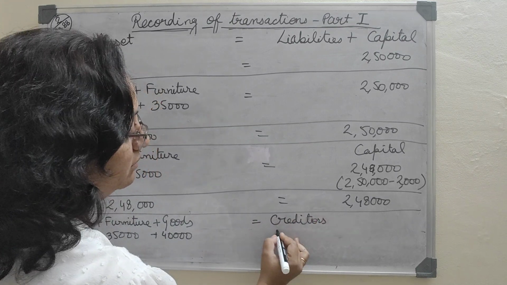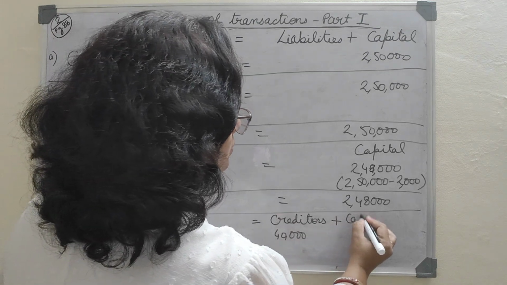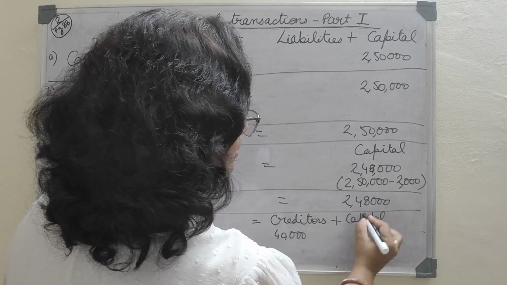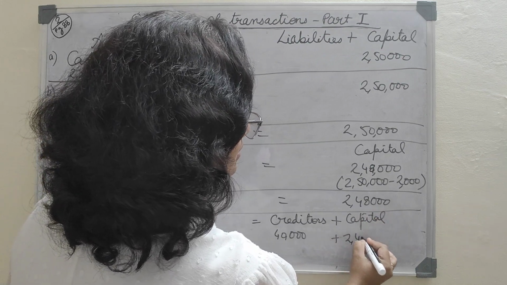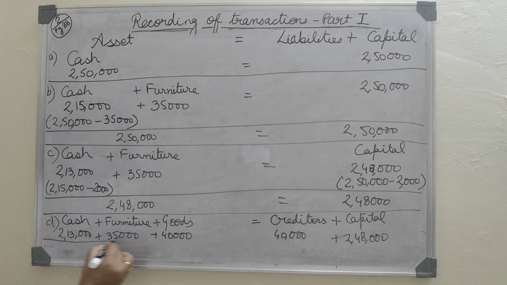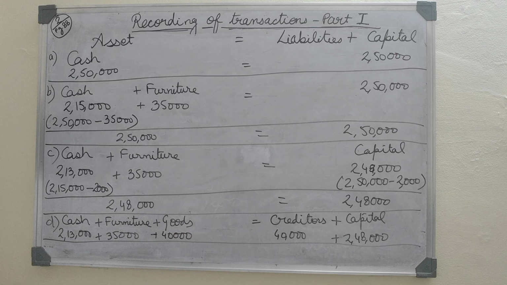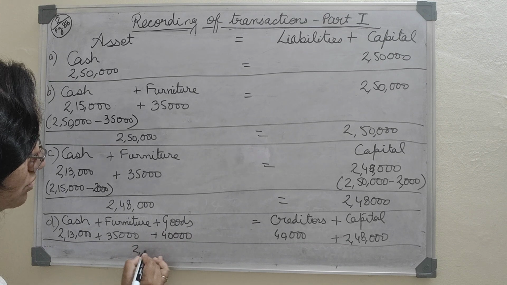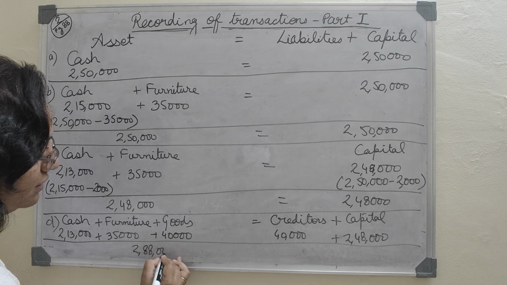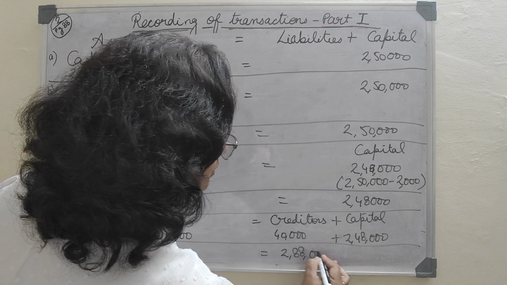Creditors, 40,000. Capital is 2,48,000. We see this 40,000 has affected both the left hand side and the right hand side, so the total comes to 2,88,000. I hope till here it is clear to everyone.